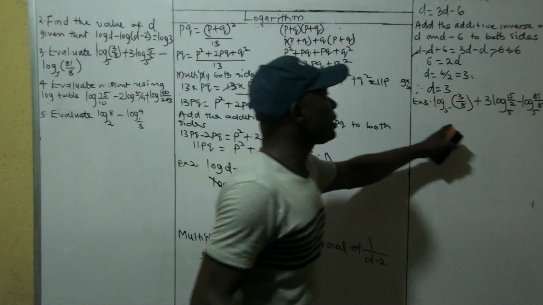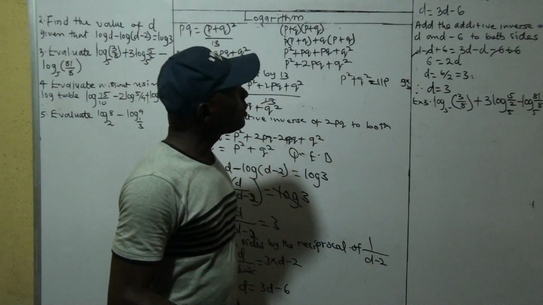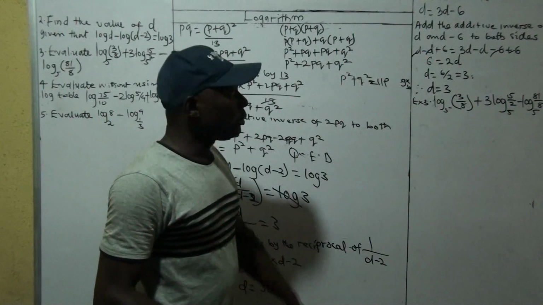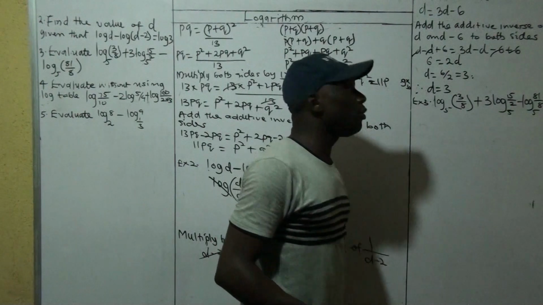So we see that the base, you must notice the bases are the same. So that means it can work. But here you are seeing 3 here. So that means this power has to come this way before you can operate.